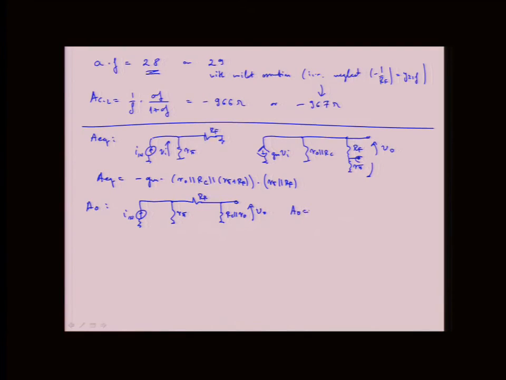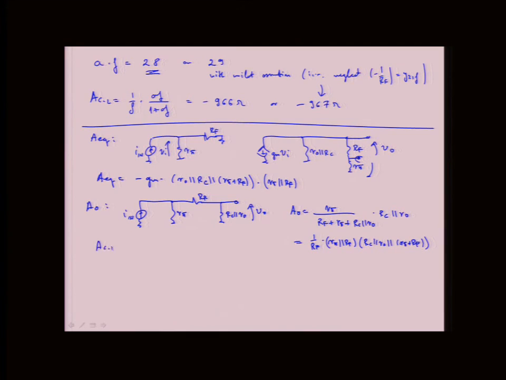So A0 is R pi over RF plus R pi, times RC in parallel with RO. And if you redo this, you get something like this: R pi in parallel with RF, and then the same expression, RC in parallel with RO in parallel with R pi plus RF.